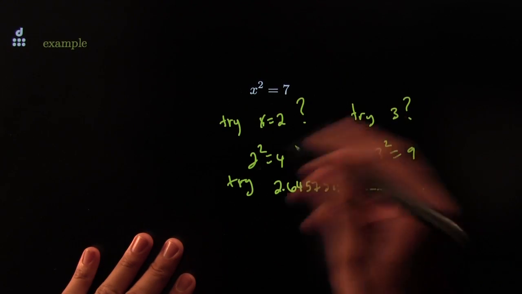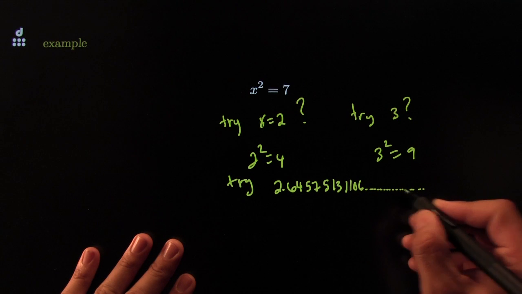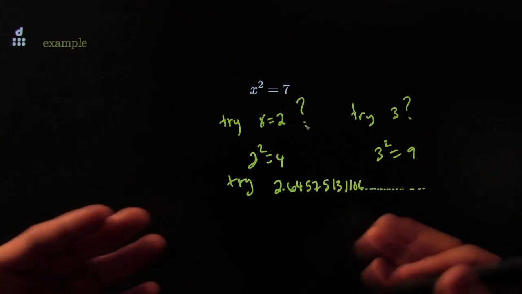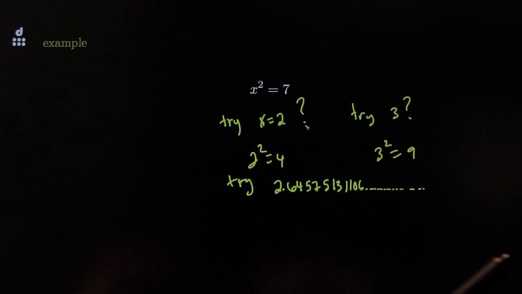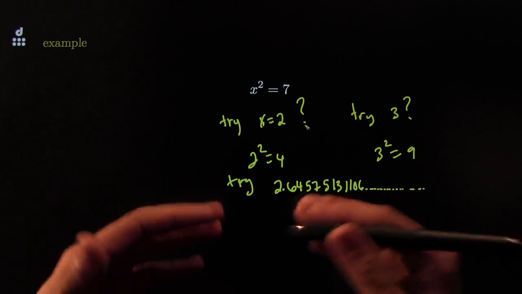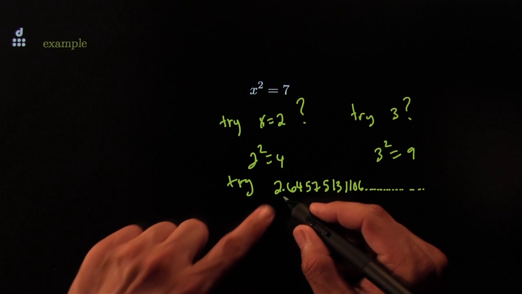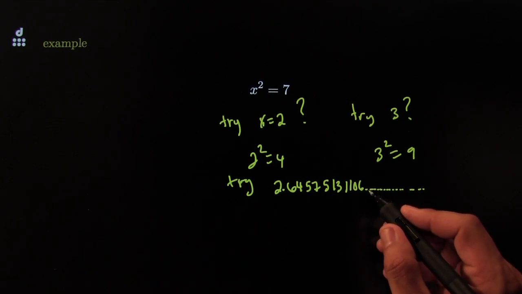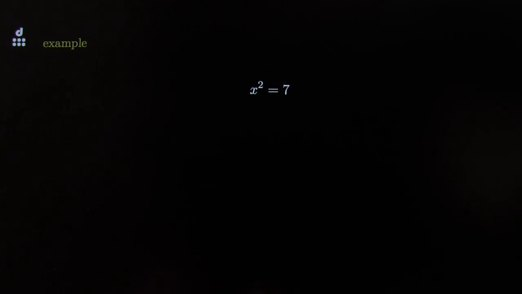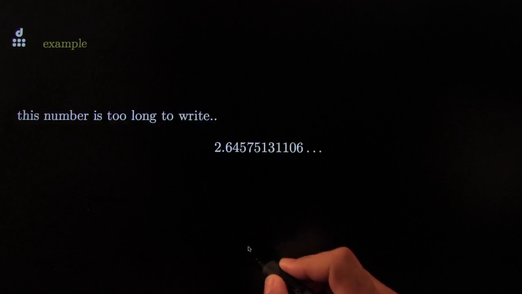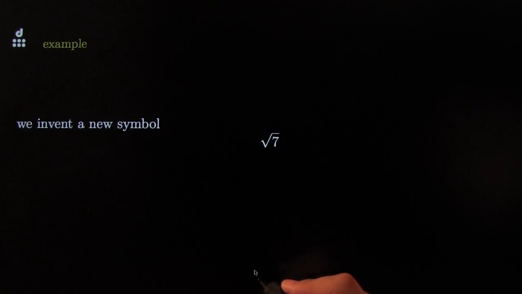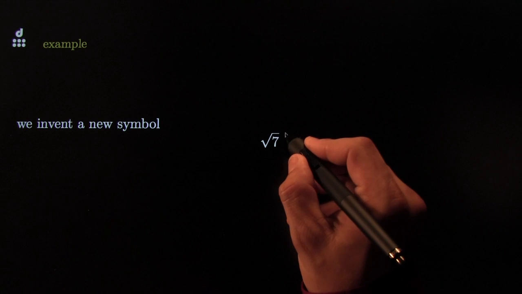Oh my goodness. Okay, so if this number is way too long to write, then we're not going to write it. So what do we do then? Instead of writing this number, we make up a new symbol. We create a new symbol for those numbers that are too long to write. Okay, that's how we handle that. And so we create a symbol called the square root, or the radical 7.